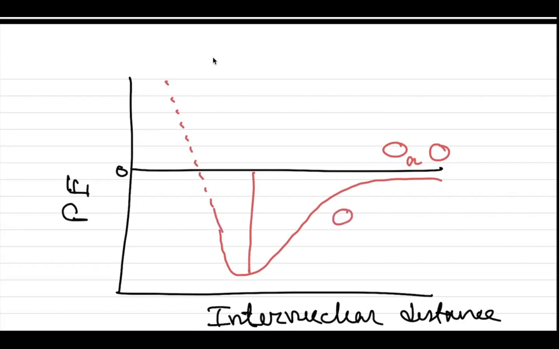When these two atoms come closer, their energy decreases and it reaches a minimum when they overlap each other. The distance at this point is known as the bond distance.